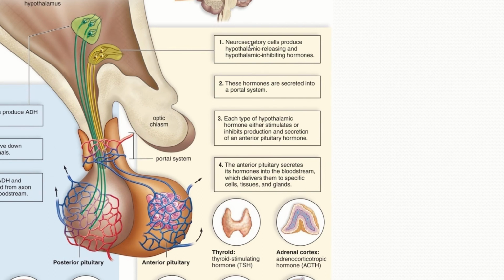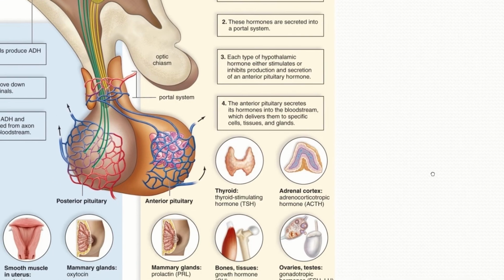In number 1, the neurosecretory cells produce hypothalamic releasing and hypothalamic inhibiting hormones. These hormones are secreted into a portal system. Each type of hypothalamic hormone either stimulates or inhibits production and secretion of an anterior pituitary hormone.